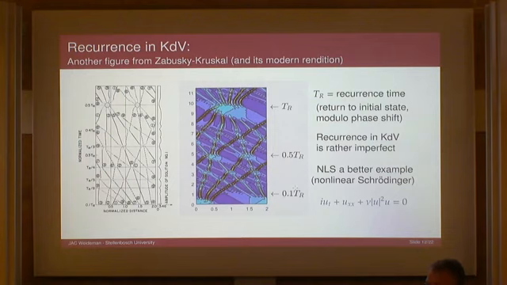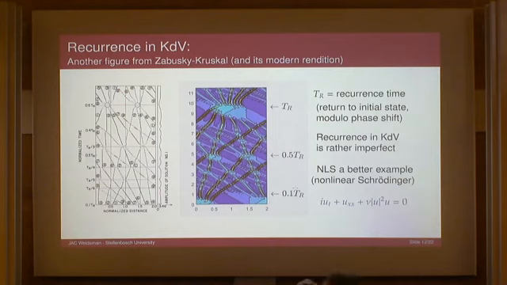You would think the end result is thermalization. That doesn't happen. The process is reversed. All that energy at some point flows back, and the initial condition is reconstructed. That is the phenomenon of recurrence, and that was what Zabusky and Kruskal were after, not the discovery of the soliton.